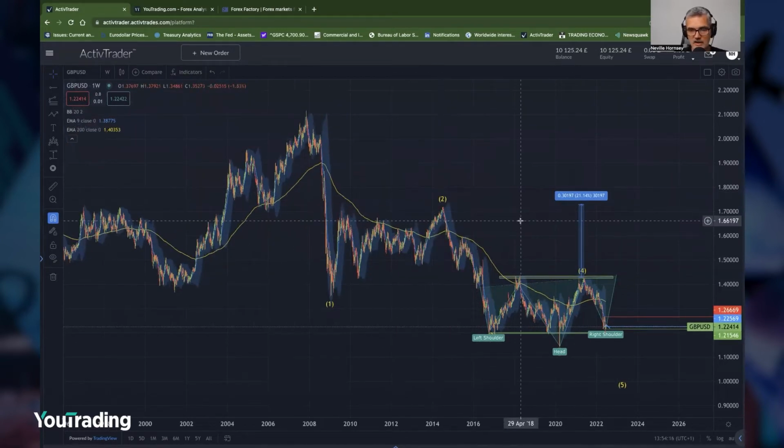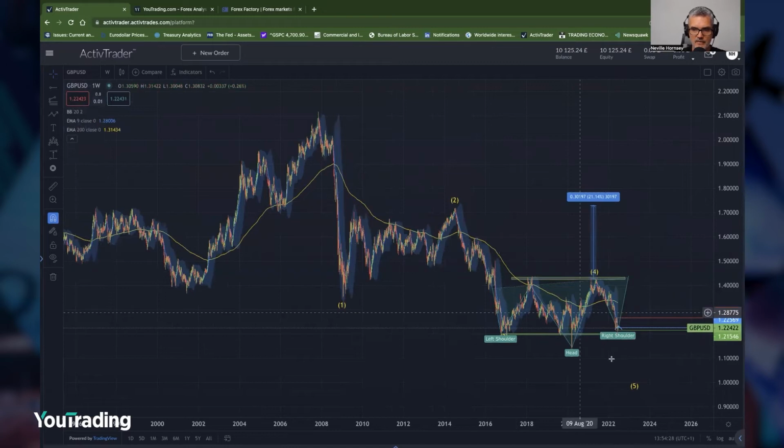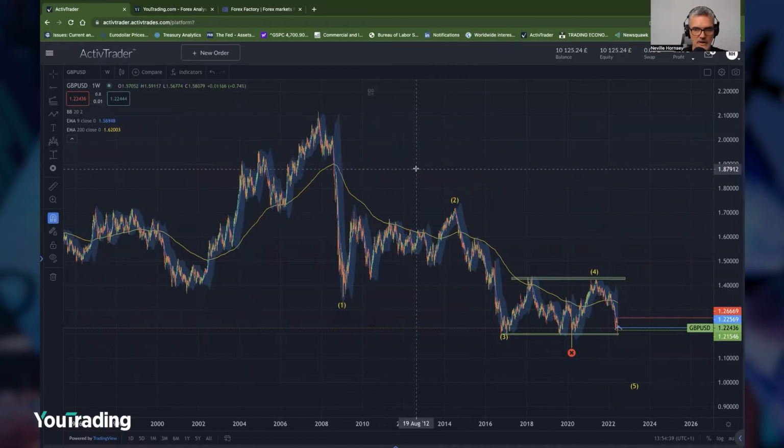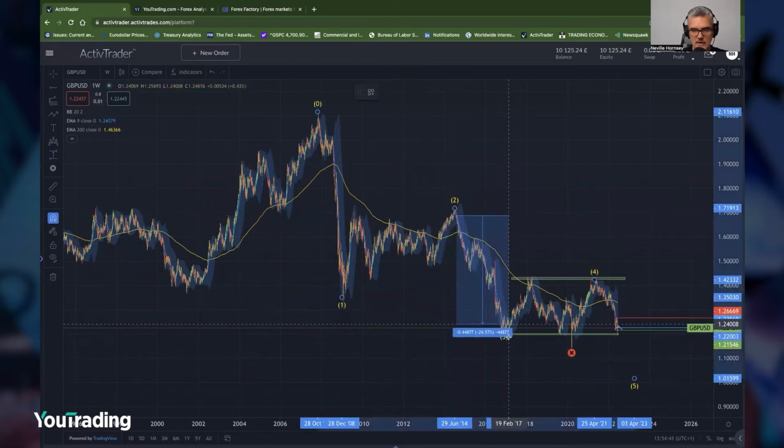Elliott Wave is good in hindsight, just trying to work out where we might be going. Currently, I'm looking for more downside pressure based on this impulsive, corrective, impulsive, corrective, impulsive type move. Wave 3 cannot be the shortest wave in terms of impulsive waves. So if we just get rid of this and we measure wave 3, so this is potentially wave 3.